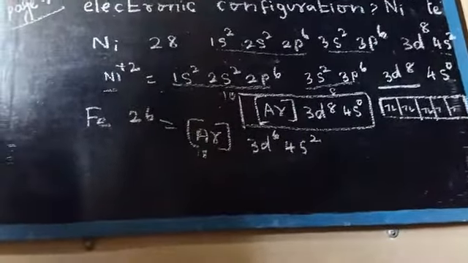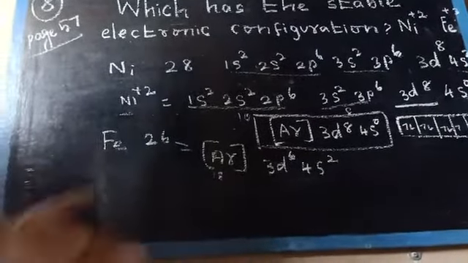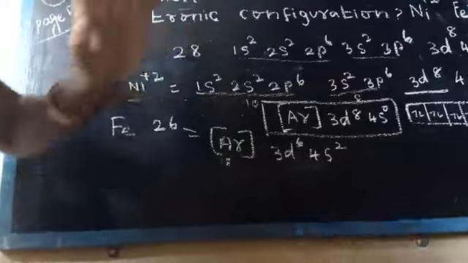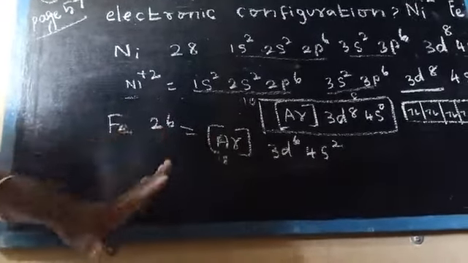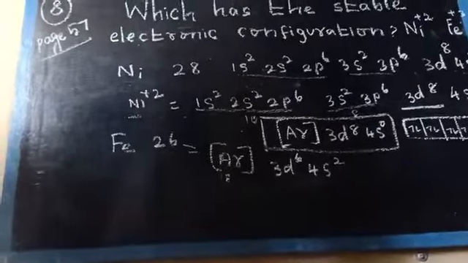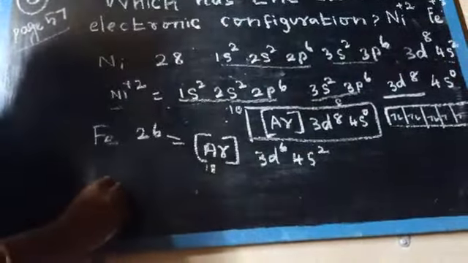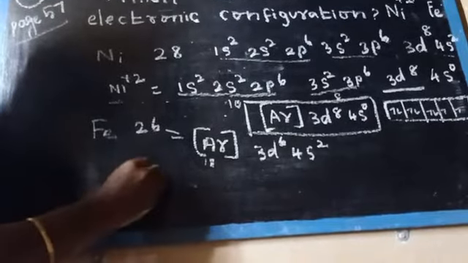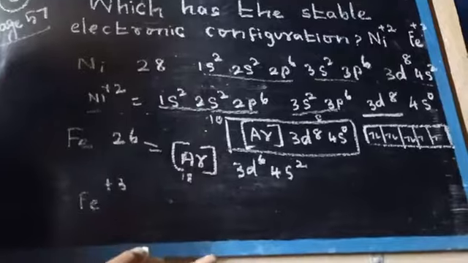Now come to the higher section. Based on this, practice is very easy. Don't always write 1s2, 2s2, 2p6. Don't write like this. Practice this pattern. So 3d6, 4s2. Now the question is Fe plus 3. Plus 3 means we lose the last 3 electrons.